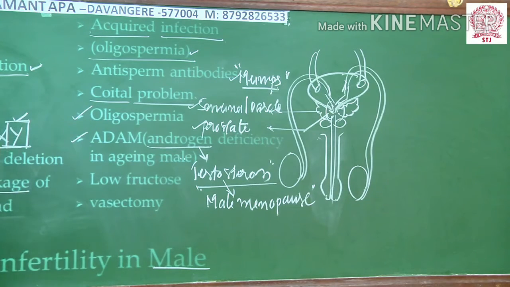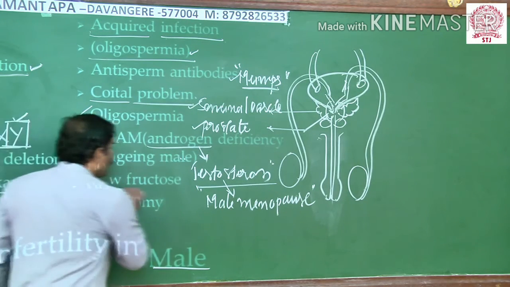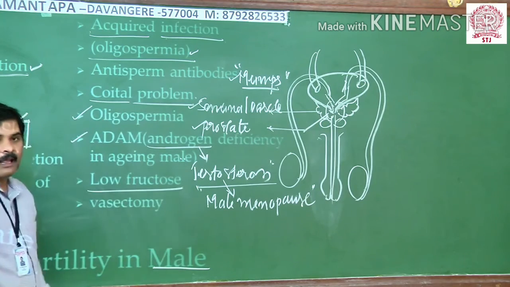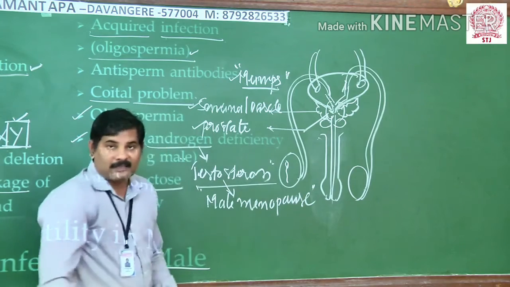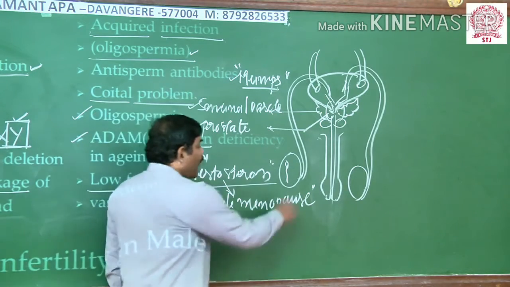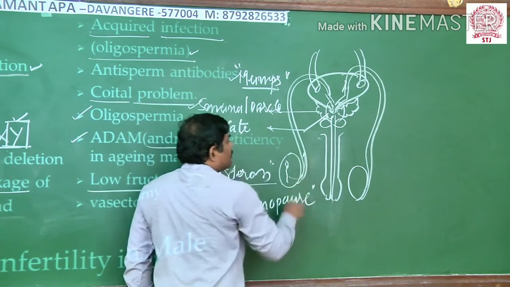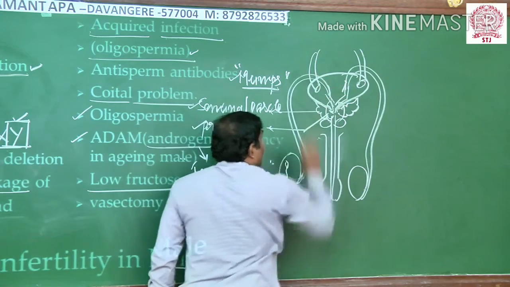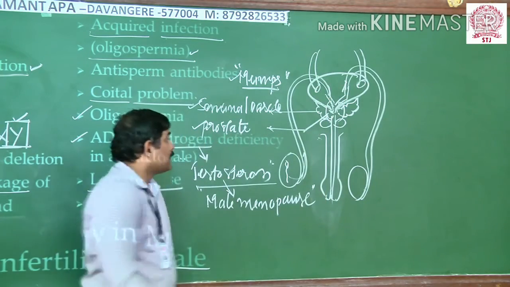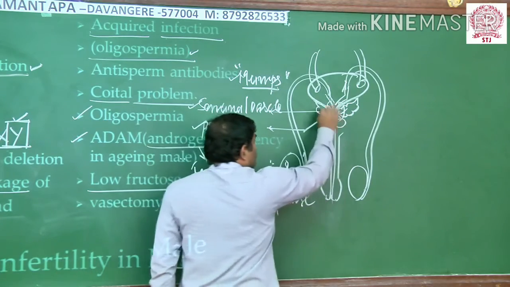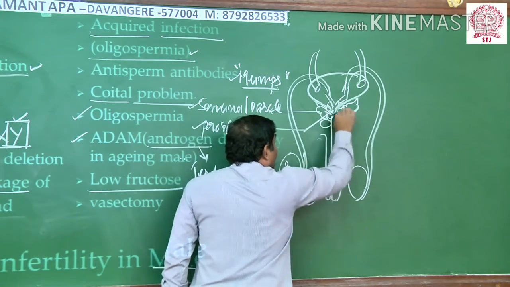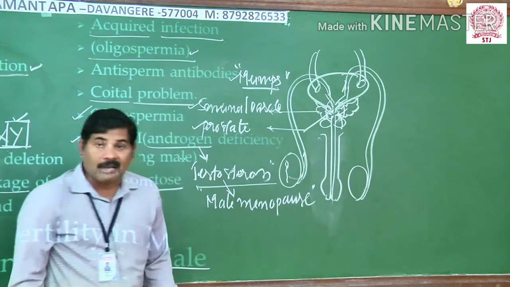Right. Thereafter, the next one is low fructose levels. The sperms are produced within the testicles. Thereafter, they pass through the vas deferens, and the seminal vesicles secrete certain secretions. Even the prostate gland and bulbourethral glands or Cowper's glands also.